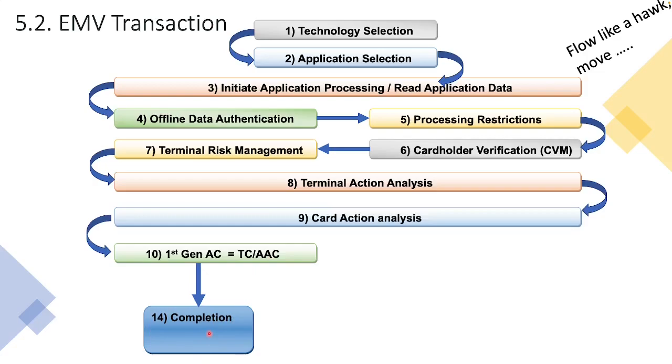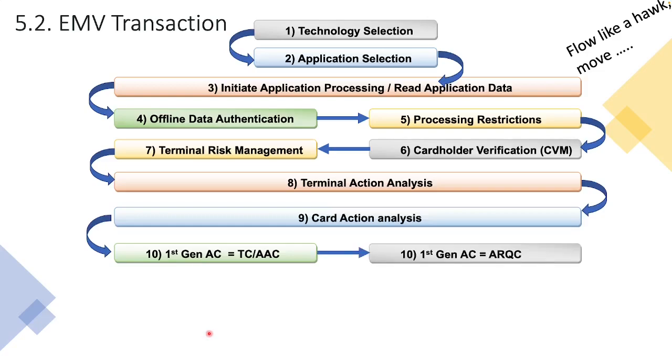But for the purpose of this training, just to see the full flow correctly, let's ignore that and let's take it one step further. Let's assume that the terminal decided that it needs to go online. It needs some sort of verification from the issuer host, in which case it makes a decision to send it online, which is known as an ARQC.